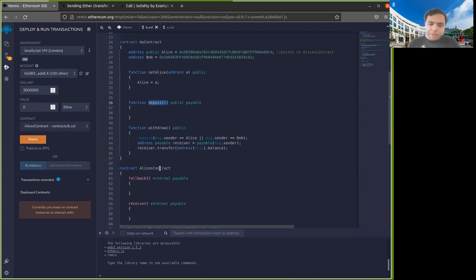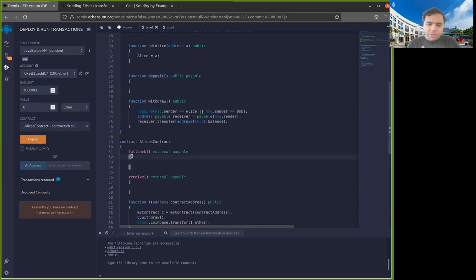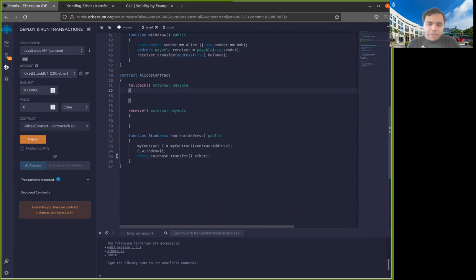So this is the role of the fallback function. Whenever I have a contract, if someone makes a call to a function that does not exist, or if someone makes a call to a function but gives me nonsensical parameters, for example, this function needs an address as its parameter, and suppose that someone calls f but gives me a bunch of data that cannot really be converted to an address, then in these cases, the fallback function will be called.